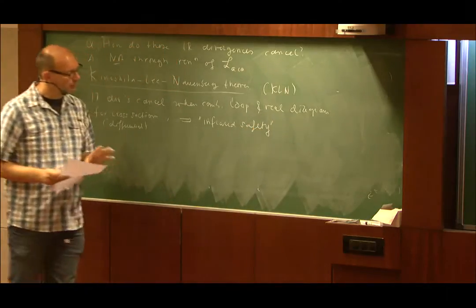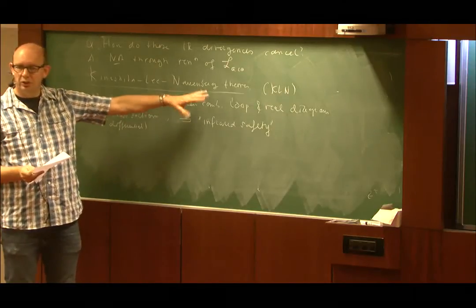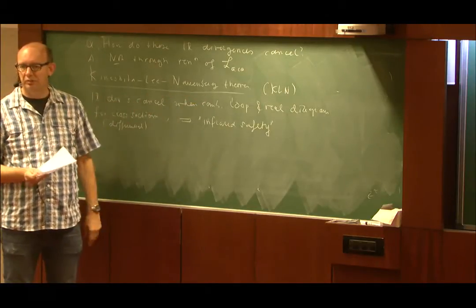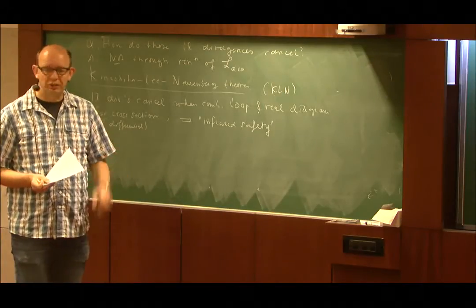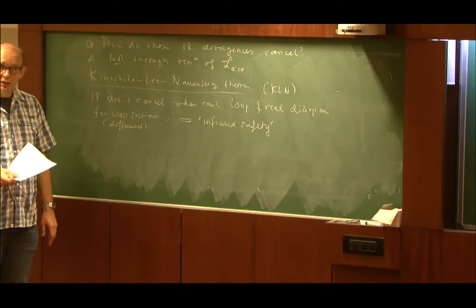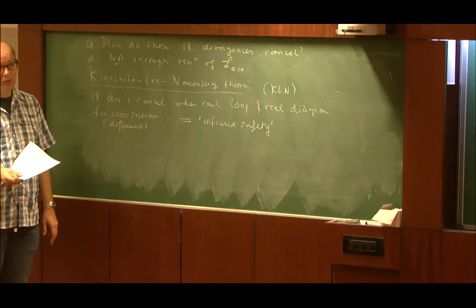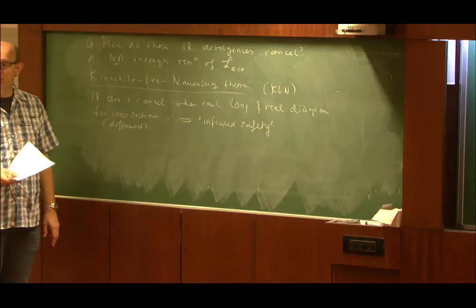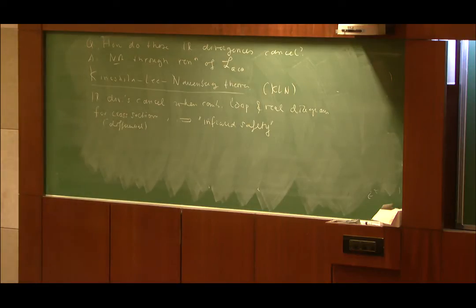In words, if you define your observable such that this cancellation occurs, it's infrared safe. And with that I mean also collinear safe. That is not always a triviality. At the Tevatron, D0 and CDF, for some years were using a jet algorithm that turned out to be not infrared safe. That was fixed. But it is necessary in order to let this theorem operate, in order for the divergences to cancel.